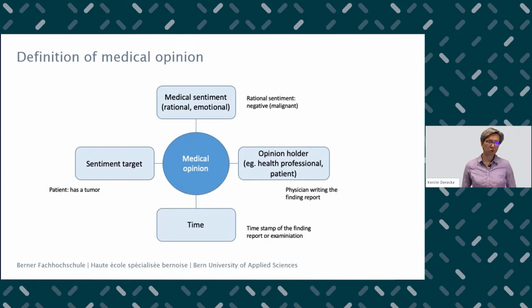But there are also emotional medical sentiments, when the patient is writing, for example, it hurts terribly. And each medical opinion has a specific time, a timestamp. That can be the timestamp of the finding report or the timestamp of the social media post.